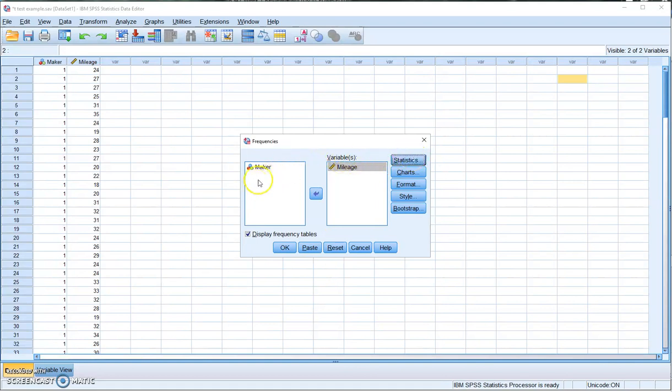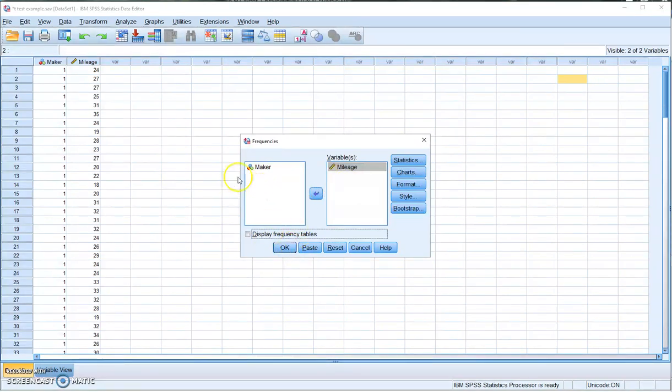Since this is a continuous measure, which has many possible values, the display of frequency tables doesn't really help in any way. So we are going to uncheck this and see what we get once we click OK.